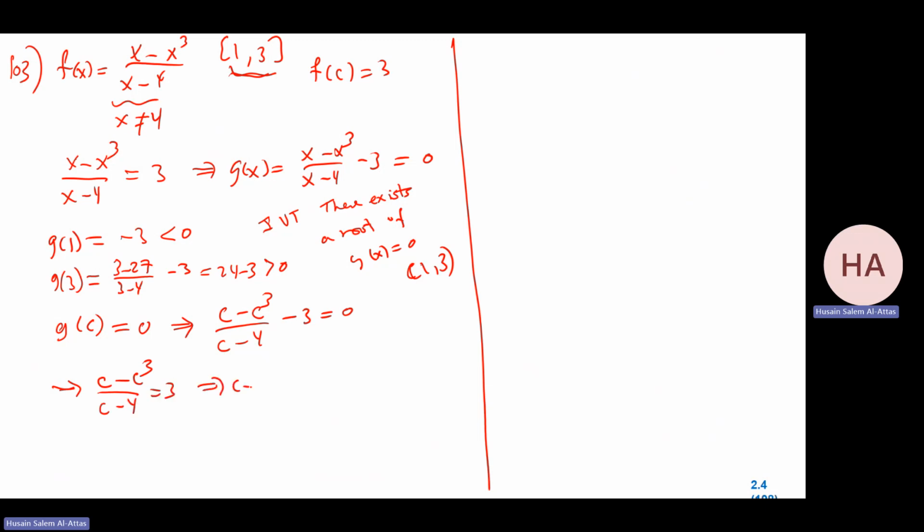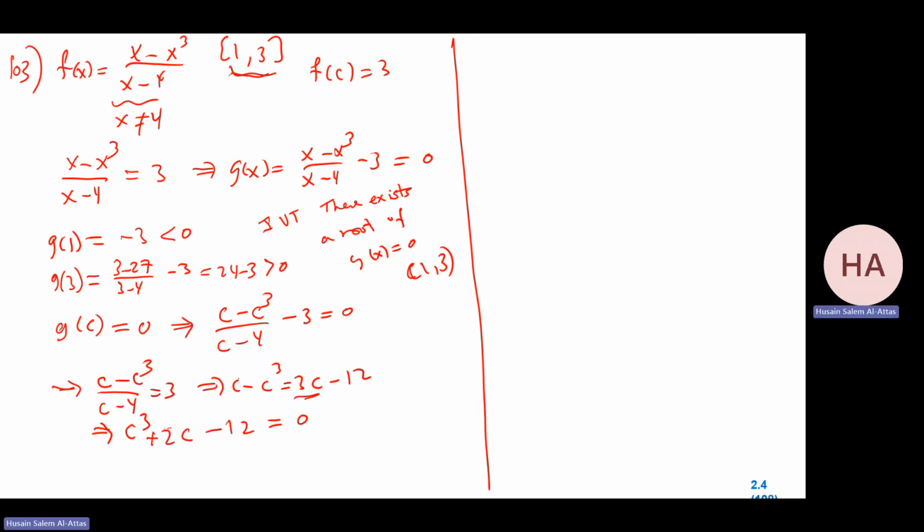So that implies c minus c cubed equals 3c minus 12. Take c cubed to the other side and take c also to the other side. So minus 2c minus 12 equals 0. No, this is plus 2c, sorry. Take the minus, this is plus 2c minus 12 equals 0.